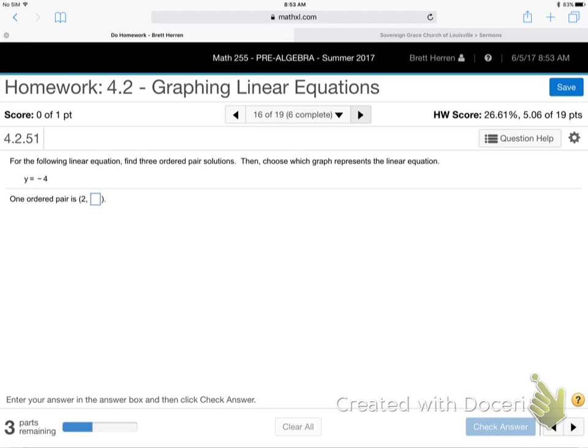So they're giving me y, so I'm going to just make up 1, 0, I don't know what they are, but good enough. So they're giving me y is -4. See what you can do, and then after that go to the graph.